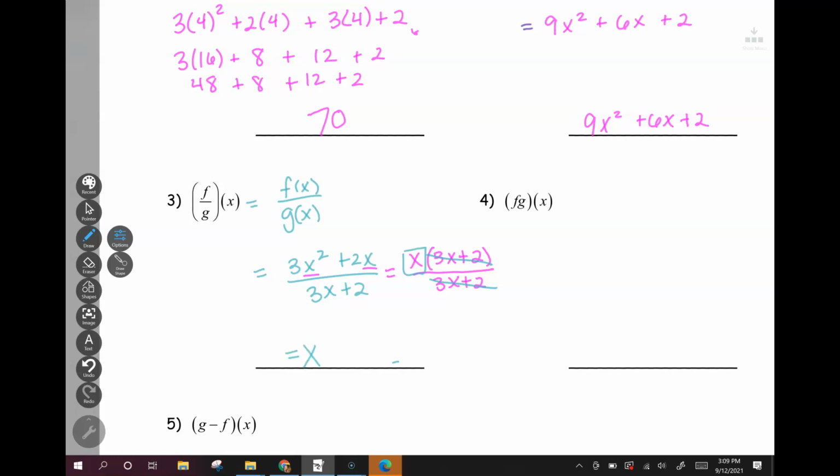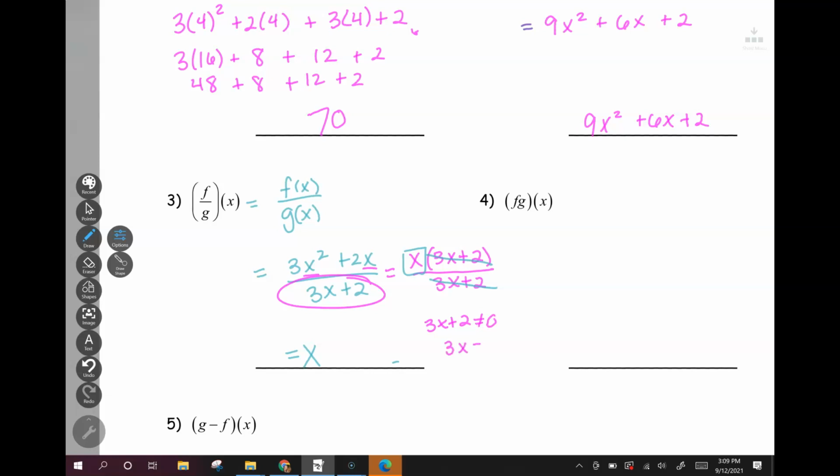But not so fast. Remember, we do have restrictions on these, or we just have to check the domain. Because there's a denominator on this one, hopefully your mind was already going in that direction. Anytime you have a fraction, the bottom cannot equal 0. So 3x plus 2 cannot equal 0.